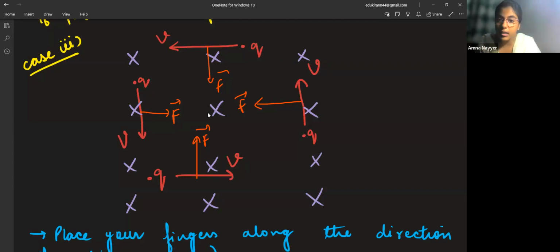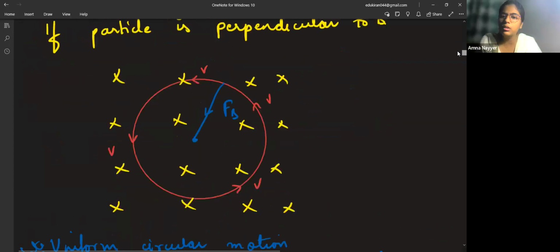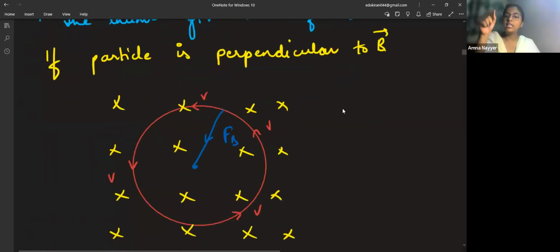The direction of force points towards the center for all the parts. So this is a unique case for you. This is not similar to the questions we did before. When the charge is moving in a circle, the force points towards the center. This is your third case.